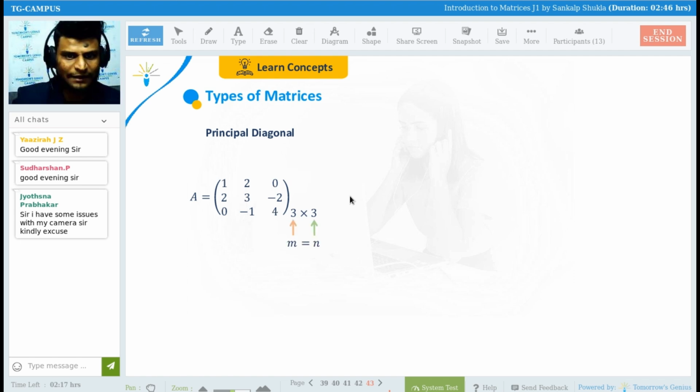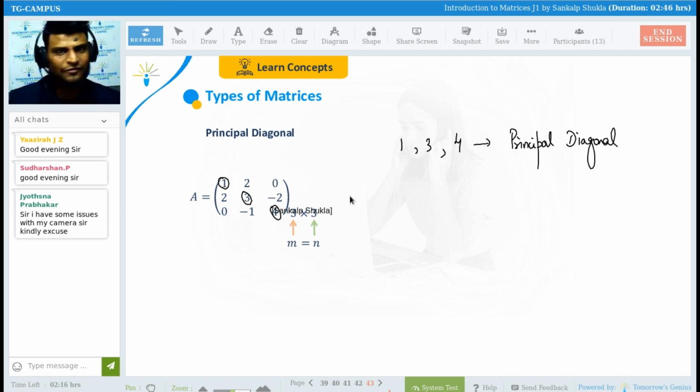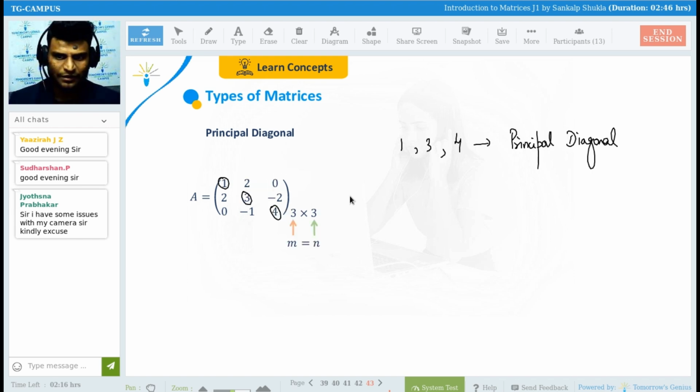For example, in this matrix, 1, 3, 4 are known as the principal diagonal, because I can see that these are the elements of a diagonal. We will not consider the other one, like 0, 3 and 0, because it is a standard notation that we have maintained that only these are supposed to be the elements of the diagonal.